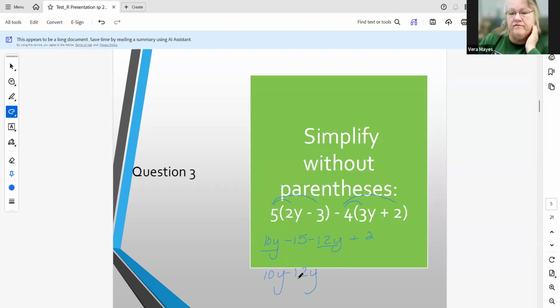It does help my brain if they're close to each other. And then let's bring down that -15 and that +2. So 10y minus 12y, they're like terms. So 10 minus 12 gives me a -2. -15 plus 2 gives me a -13. So my final answer would be that.